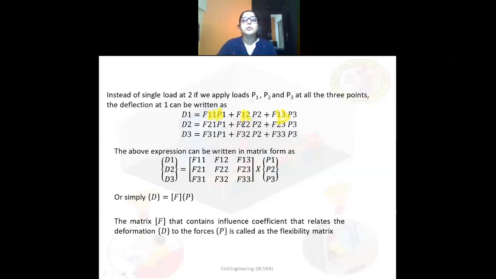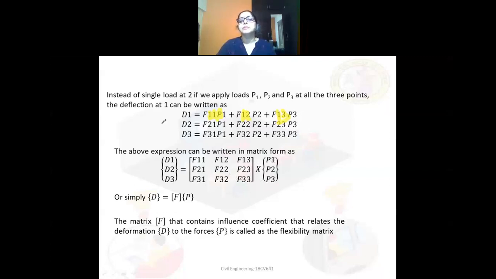The above equations, instead of writing in the form of simultaneous equations, you can write in a matrix form. D1 is F11 into P1 plus F12 into P2 plus F13 into P3. D2 is F21 into P1 plus F22 into P2 plus F23 into P3. D3 is F31 into P1 plus F32 into P2 plus F33 into P3.